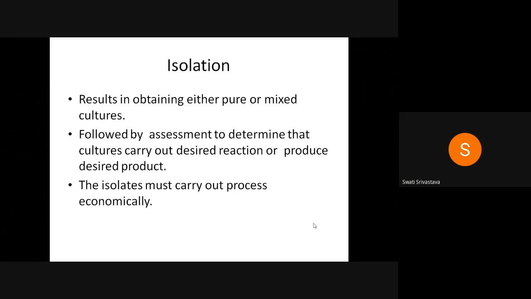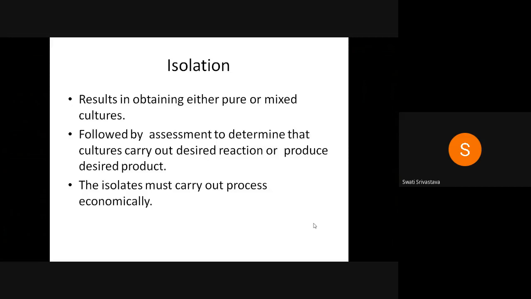So when you have isolated the species, you have to assess its feasibility also, whether you have isolated the correct species or not. Correct in the sense that the cultures will carry out the desired reactions, or they will produce the desired product.